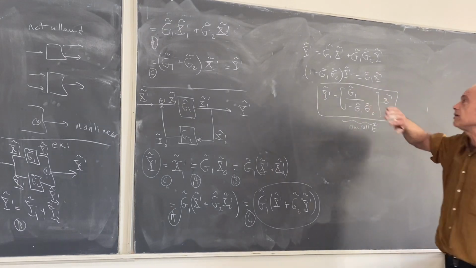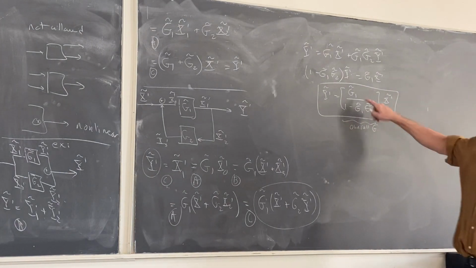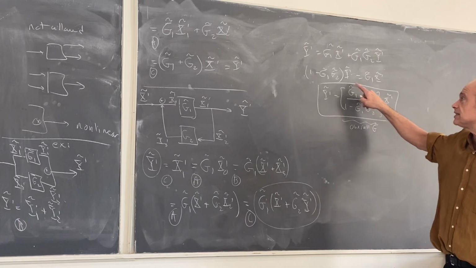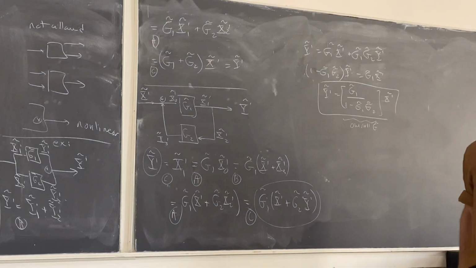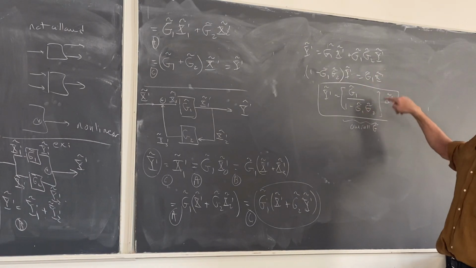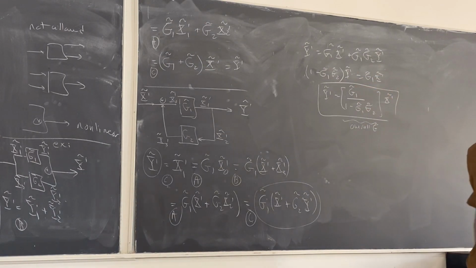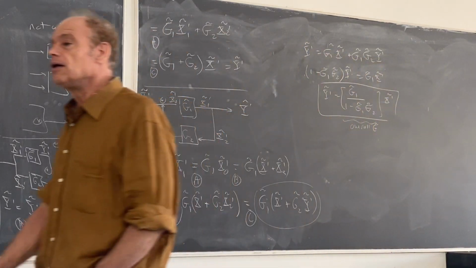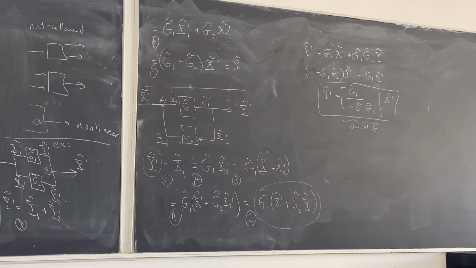Once I put a feedback loop in, it's no longer the denominator of G1. It's the denominator of G1 over 1 minus G1 G2. Totally different denominator, totally different stability. Well, let's see how that works out in real life.